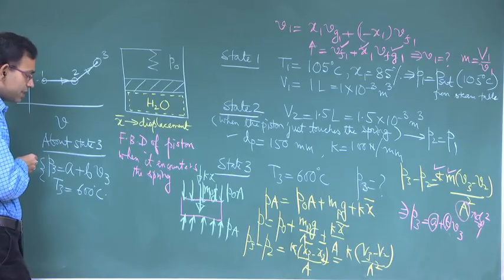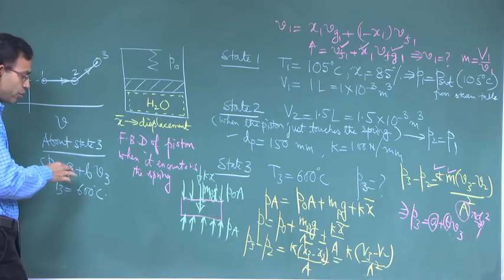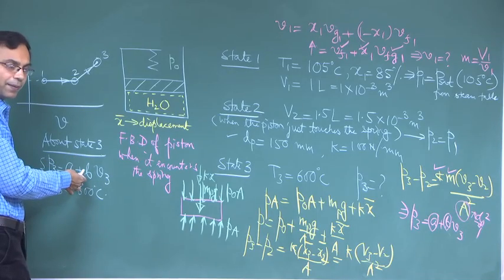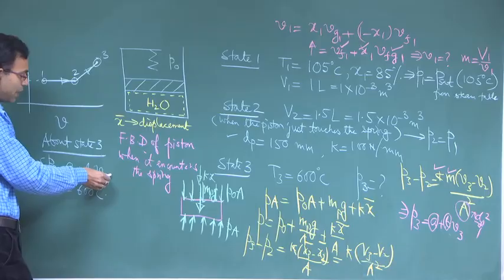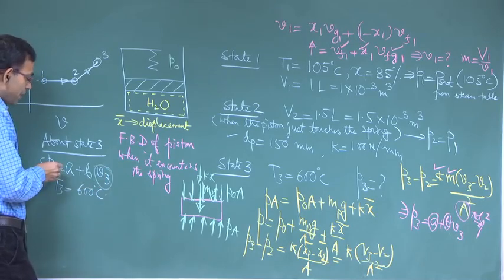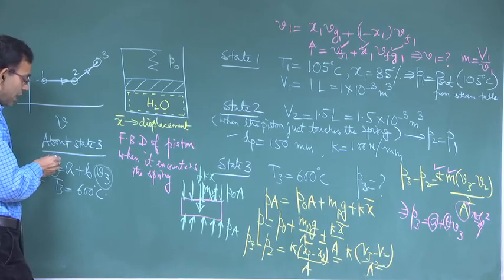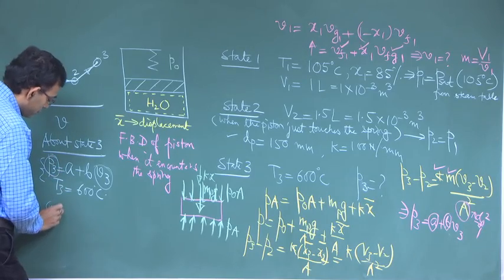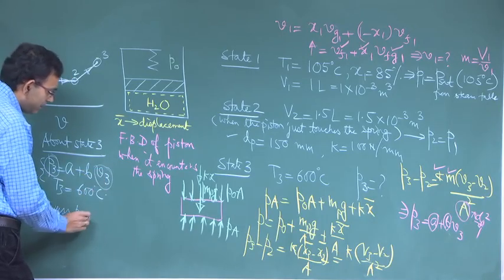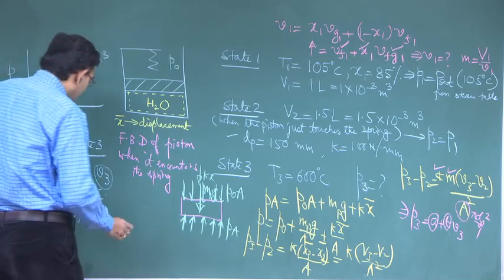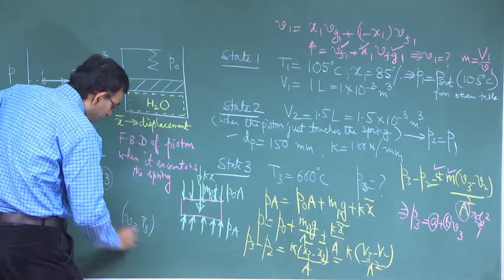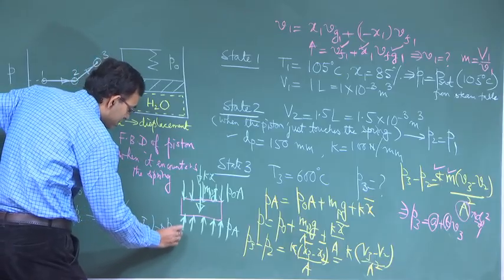If you are doing it by a computerized system, this combination of equations will give you a unique property. If you are doing it manually, you have to make a guess of P3, that is better. That P3 will give you what is V3, and then with this V3 comma T3 see whether this will give back the same P3 or not.